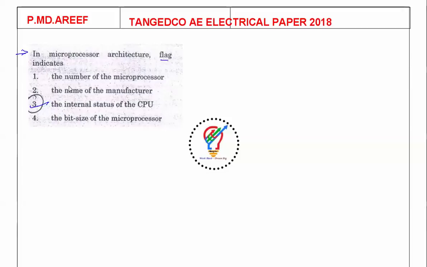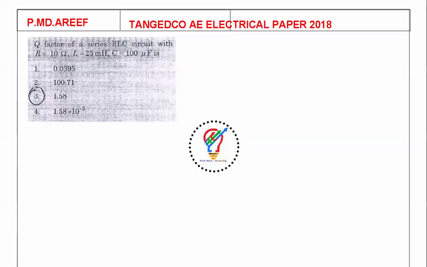Next question, it is from networks. The quality factor of a series RLC circuit with R = 10, L = 25 millihenry, C = 100 microfarads is.